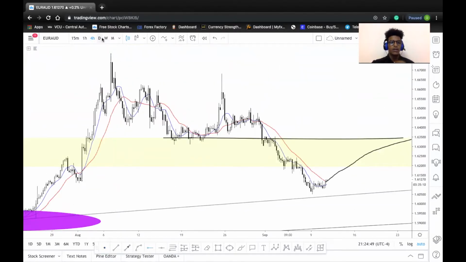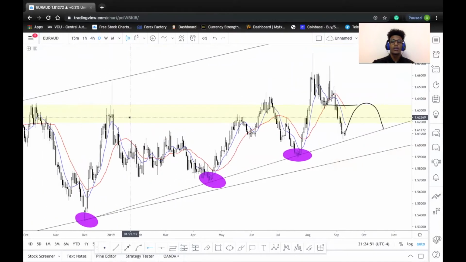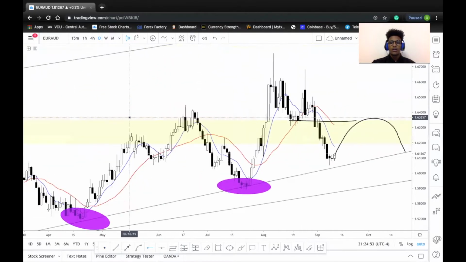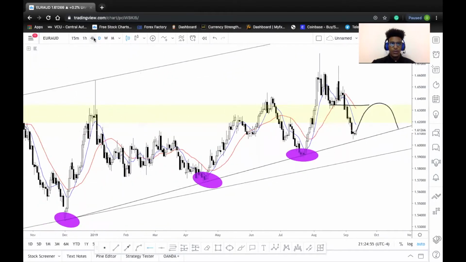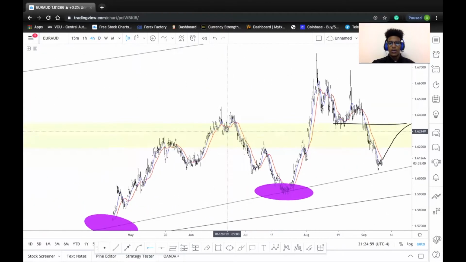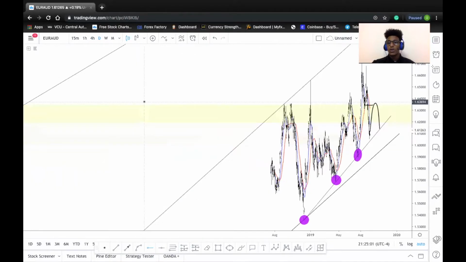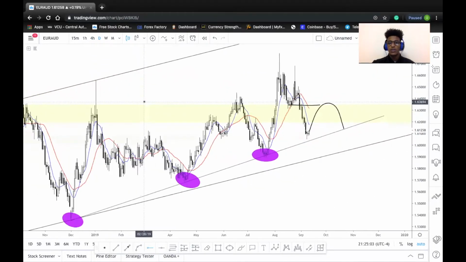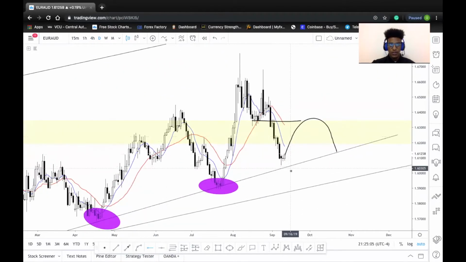And last but not least, I want to finish off with Euro AUD. I know we called a seller on this pair, and we are looking for some correction. The reason I say that is because we are creating a daily pin bar followed by a doji.